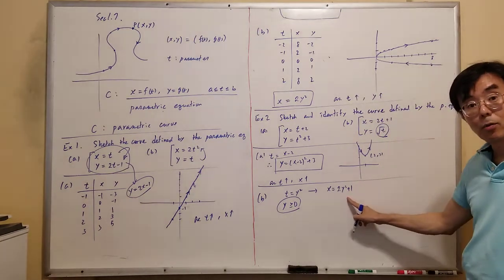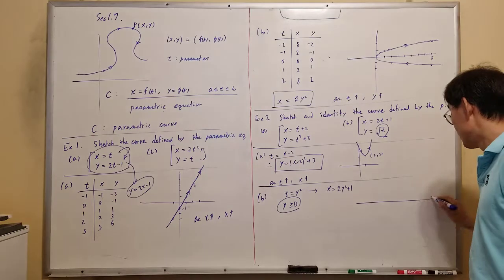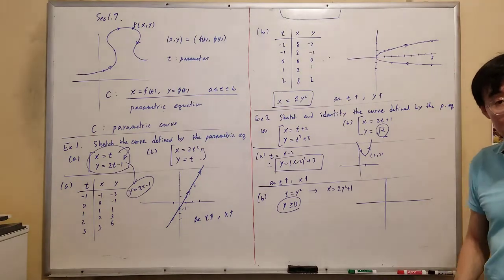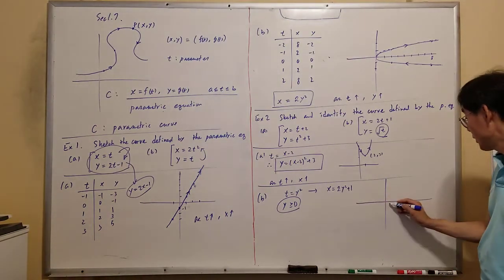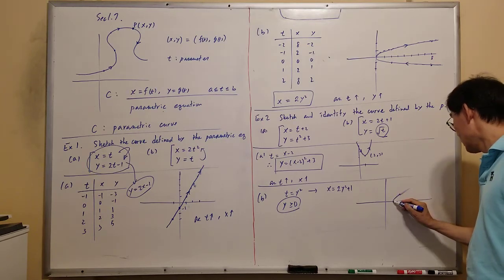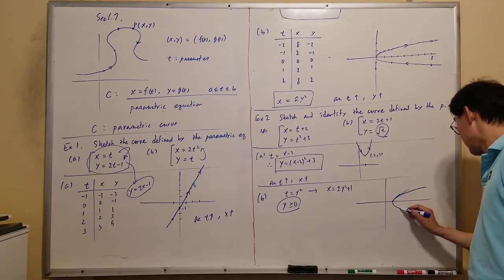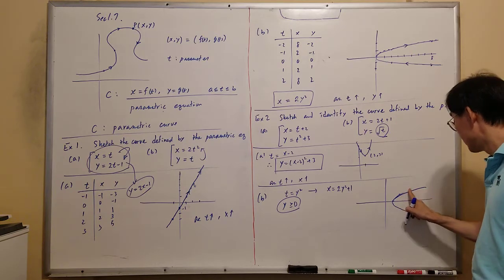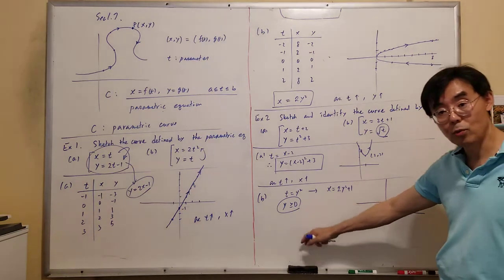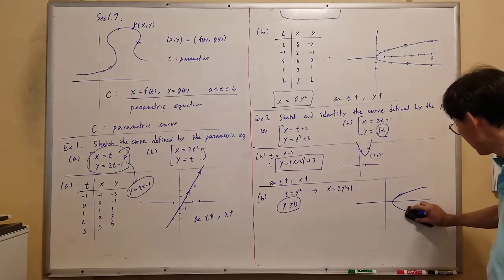So this is a horizontally opening parabola, x-intercept 1. Like this. Okay? But we only choose y greater than or equal to 0.